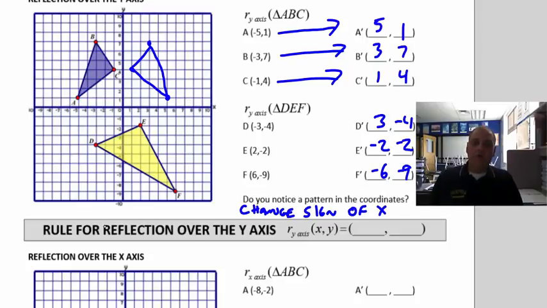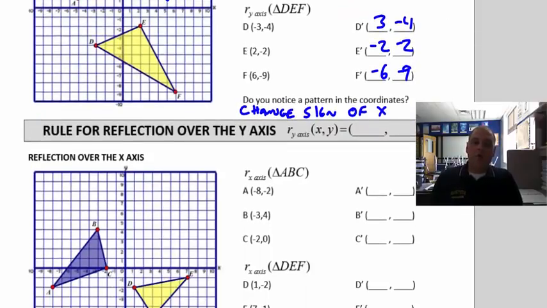Okay, so rule for reflection over the y-axis right here. Remember, lowercase r for reflection, subscript y-axis is what you're actually going to do, and then (x, y) is the point you start with. So it's reflection, y-axis, this is your pre-image, and then this is your image. So what happens to your image?